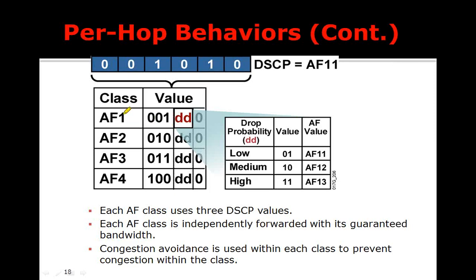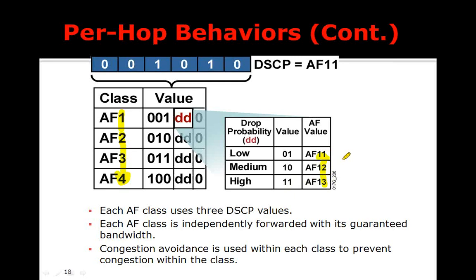So these numbers on the AFs, 1, 2, 3, and 4, go up as far as our prioritization. When we go the opposite direction, on the last digit, our probability of being dropped gets higher as the number gets bigger. So they kind of work in opposite directions.